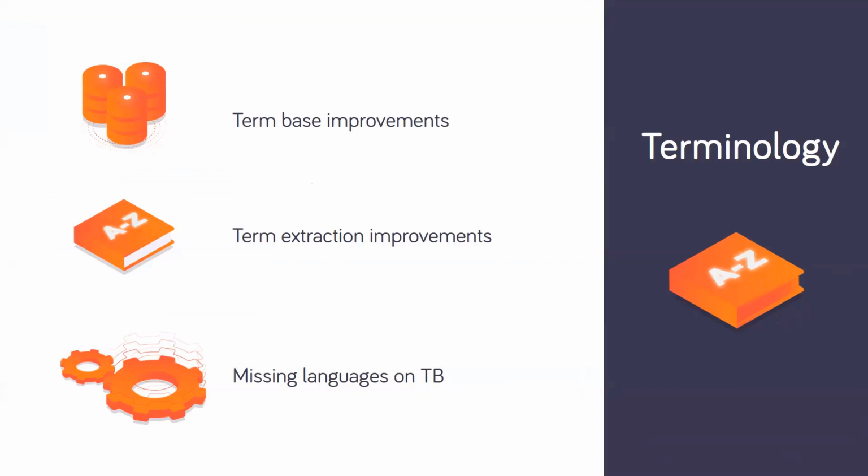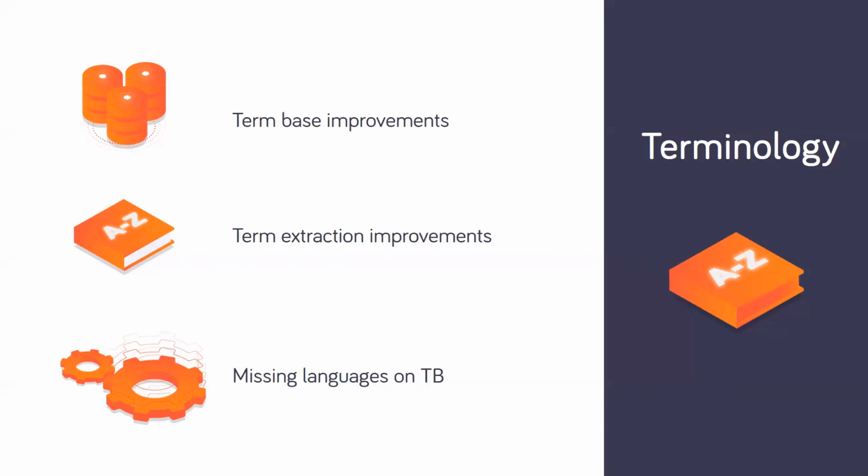So this is possible since 8.1. And with 8.3, we've improved our API to allow and support these kinds of projects. So since 8.3, you are able to use the API as well to set up a project which contains a term base with fewer languages than the project itself.